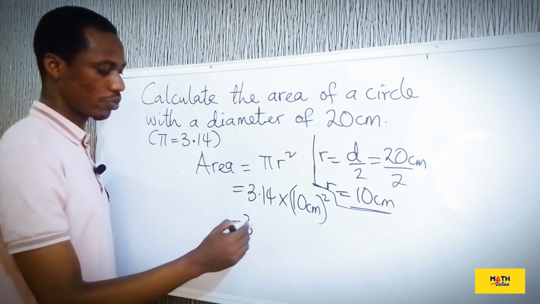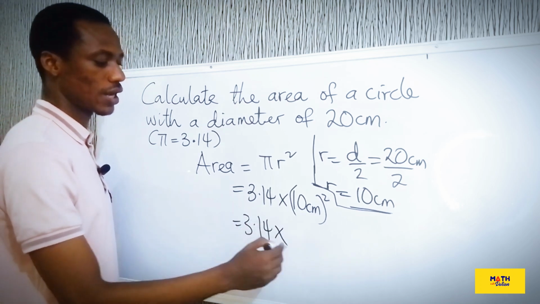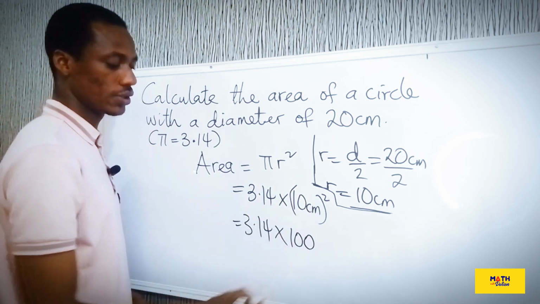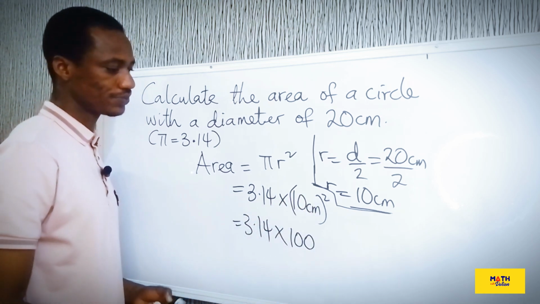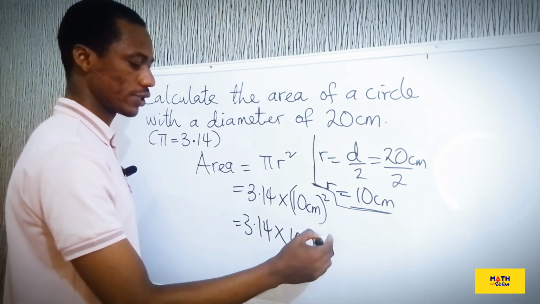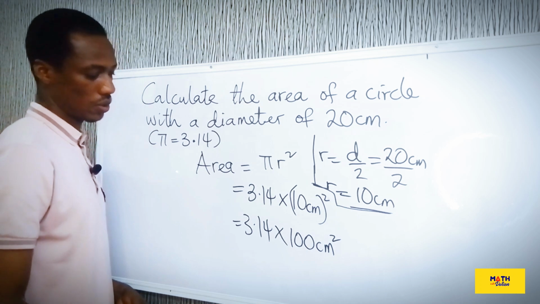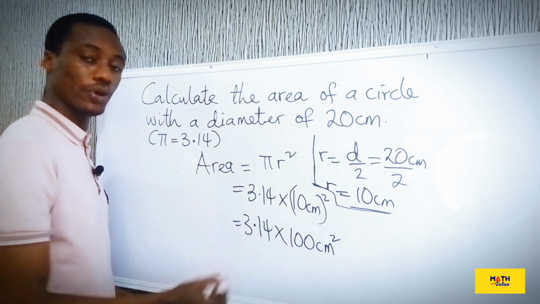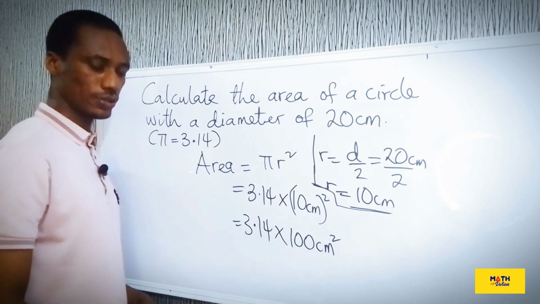So this is 3.14 times 10 squared, which is 100. That's 10 times 10, right? Then centimeters times centimeters gives you centimeters squared. Now we are to multiply 3.14 by 100.